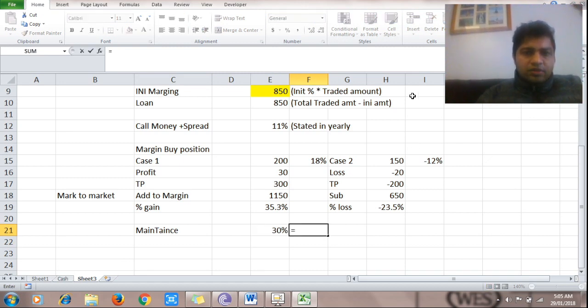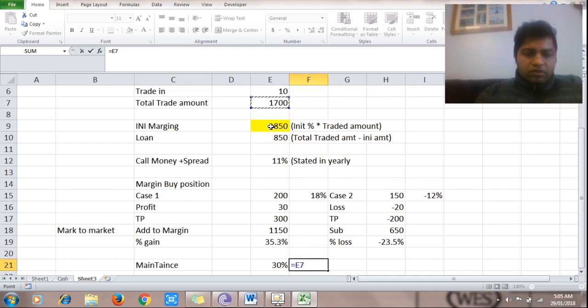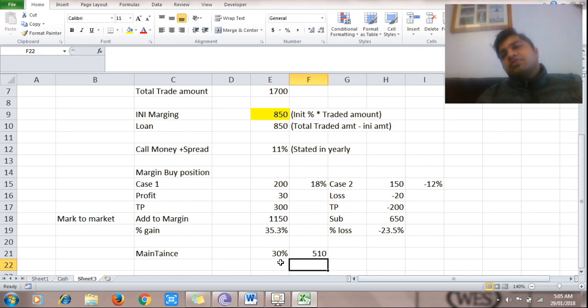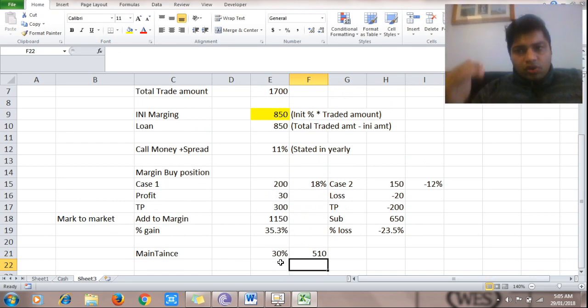So maintenance margin is the total traded value multiplied by 30%, 510. So if due to losses your margin amount goes below 510 or at 510, you will get a margin call in which you have to either increase it to the initial margin level, or close the trade.